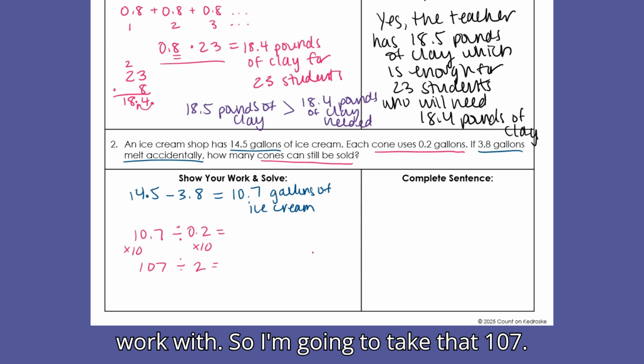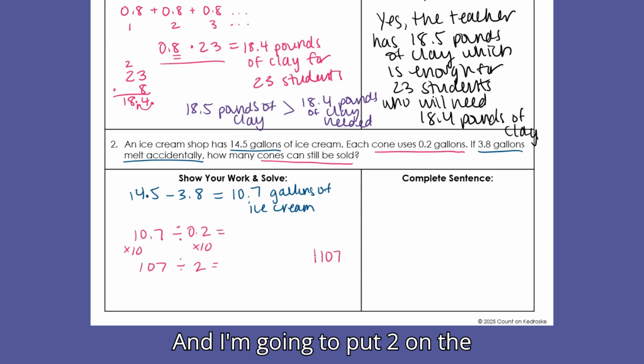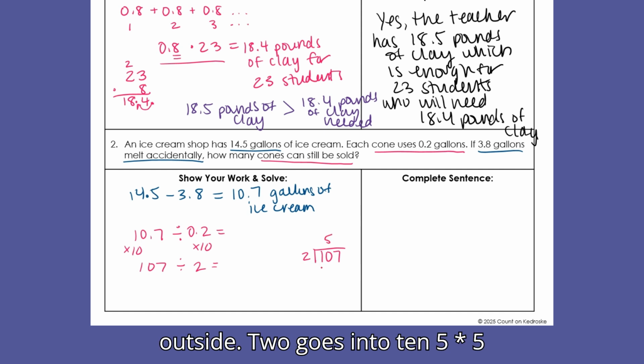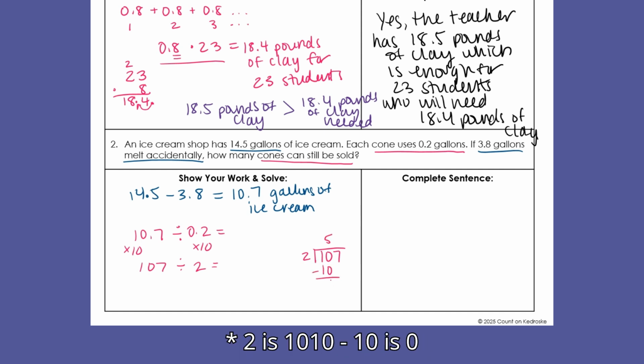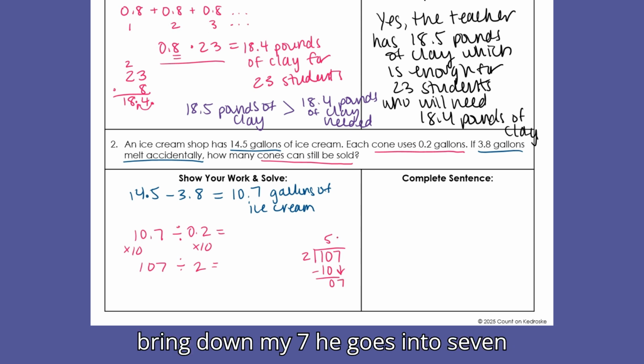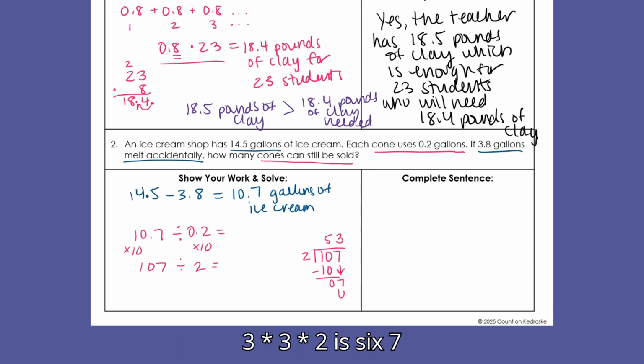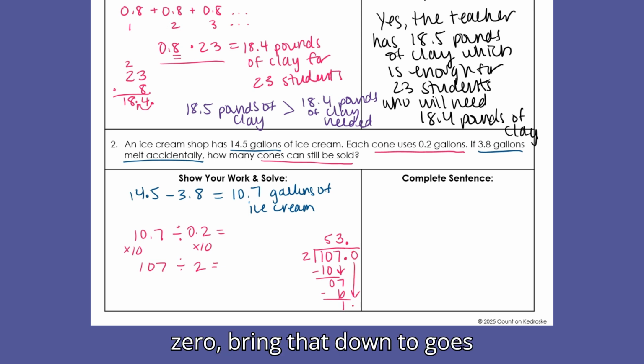So I'm going to take that 107 and I'm going to put 2 on the outside. 2 goes into 10 5 times. 5 times 2 is 10. 10 minus 10 is 0. Bring down my 7. 2 goes into 7 3 times. 3 times 2 is 6. 7 minus 6 is 1. Going to form my decimal. Make a 0. Bring that down. 2 goes into 10 5 times. 5 times 2 is 10.